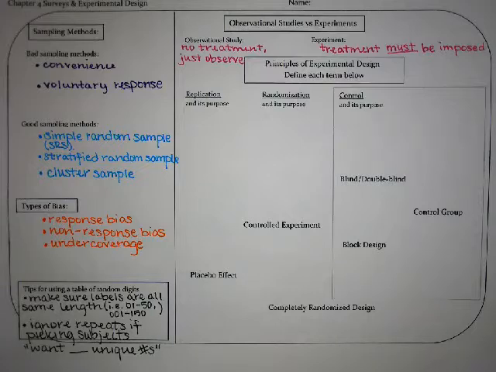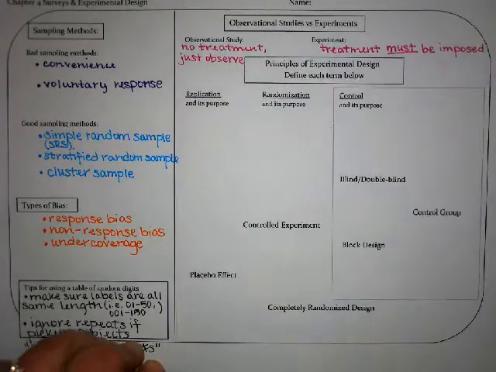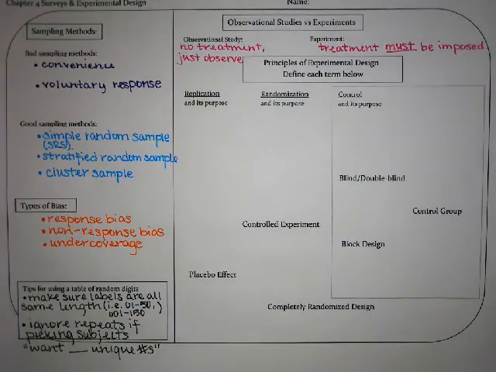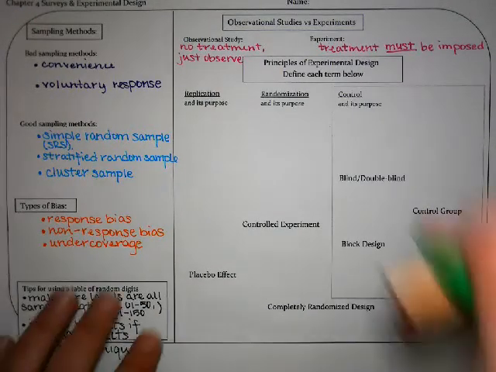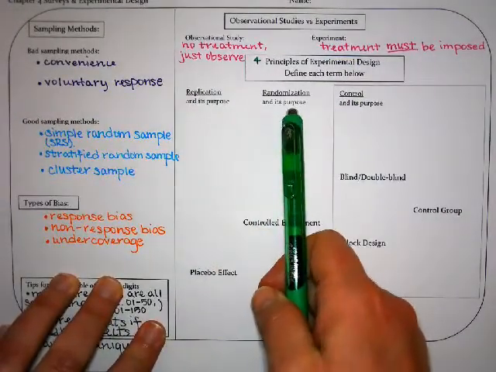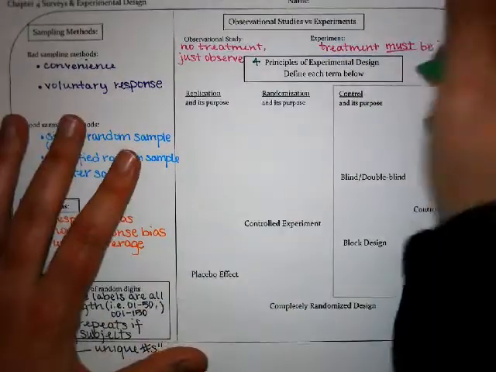Principles of experimental design. So we're going to define it and then talk about its purpose. I'm going to sneeze. So first of all, there are 4 principles of experimental design: replication, randomization, control, and then the 4th one is compare.